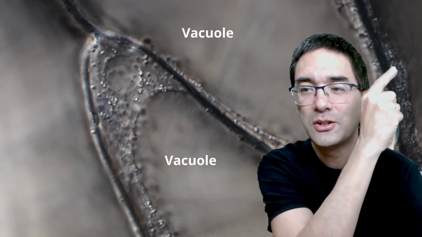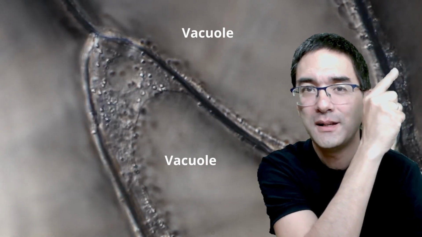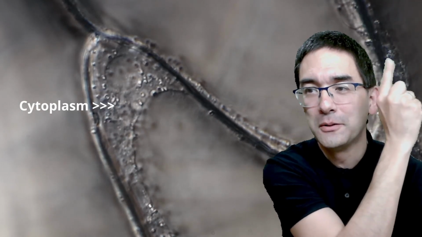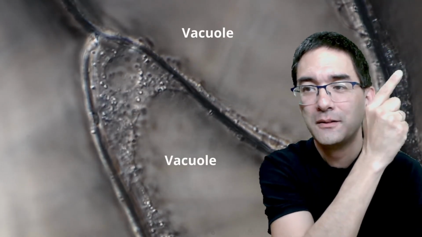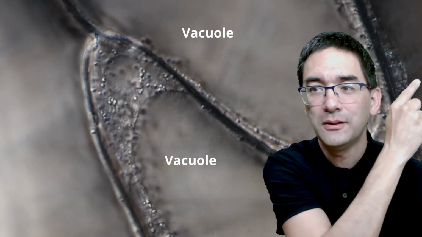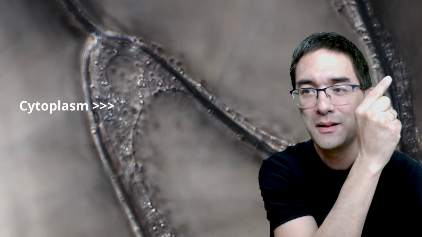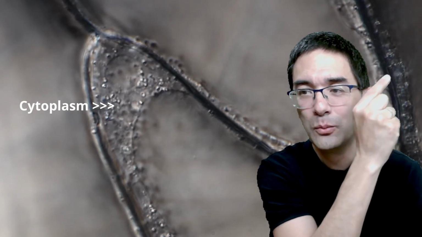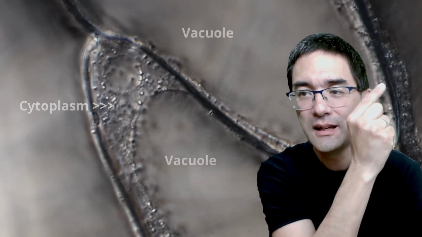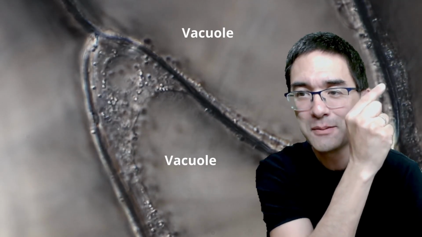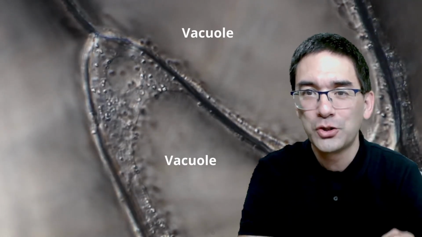Right next to it is the cytoplasm, and over here is the next vacuole. Next to the cell wall is the cytoplasm, then you have the cell wall, and in the next cell again you have a very thin layer of cytoplasm, and then again the large vacuole.